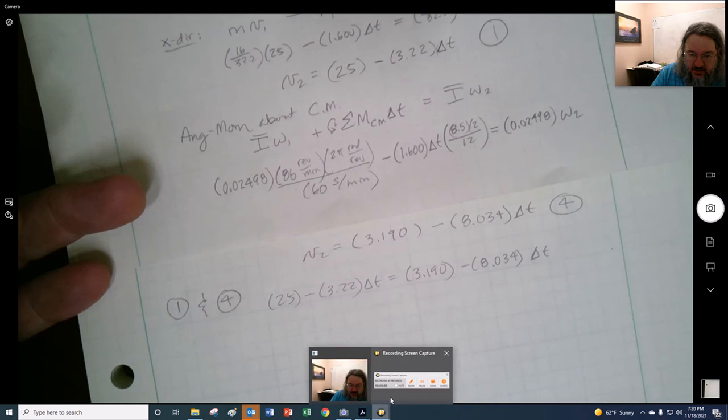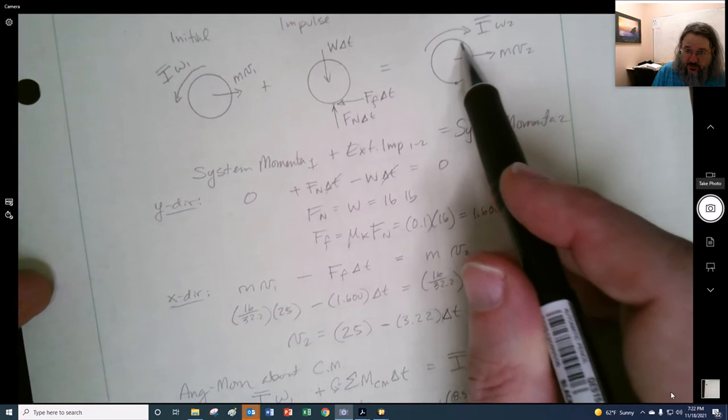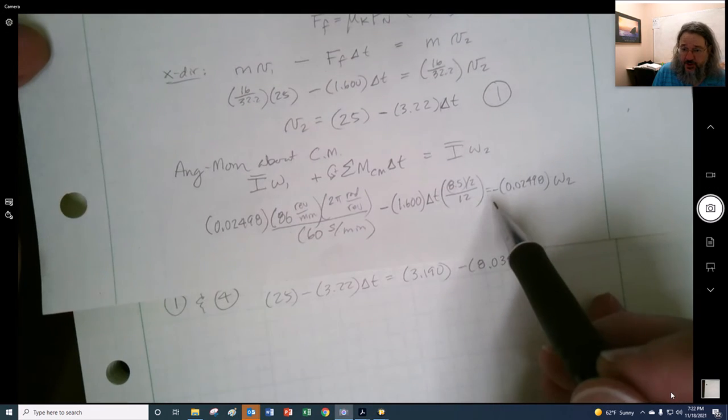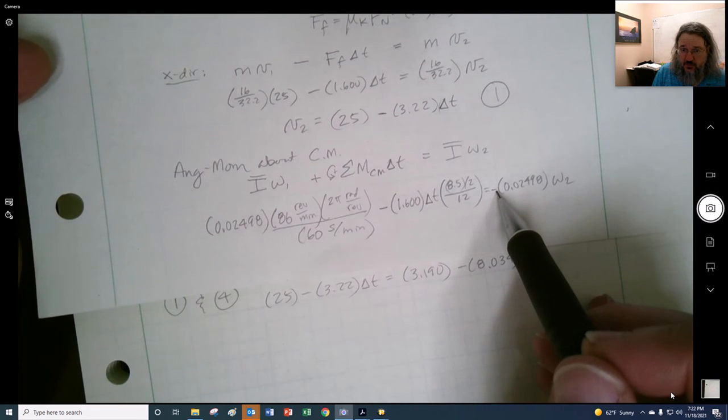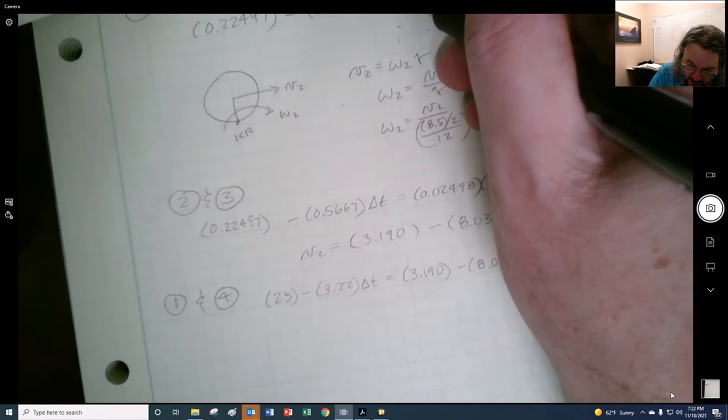Pause for the cause. This should be a negative value right there, right? So that should have been negative, which would have made this negative right up here.